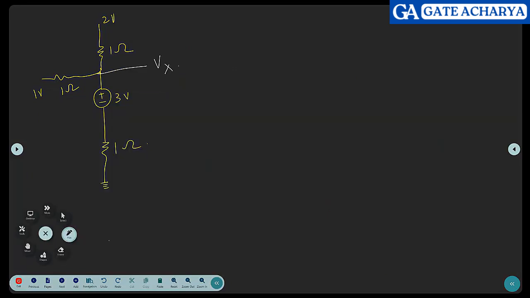Find this voltage Vx. You can just write answers at the back.